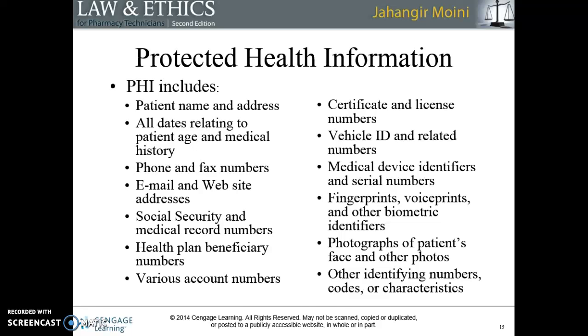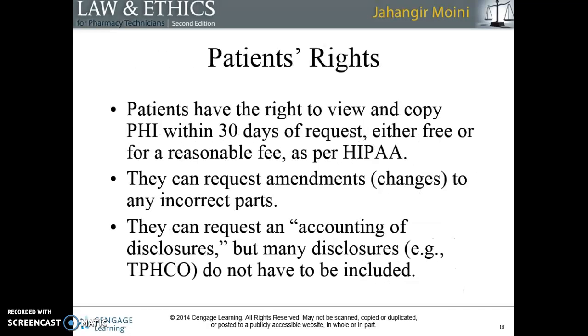So even things like email addresses, their vehicle information, photographs, all of those kinds of things are identifiers. We have to keep that in mind when we are thinking about protected health information and how we keep our patients safe. Patients do have a right to view it, and they can request that at any time. So again, we have to make sure that we are protecting that information.